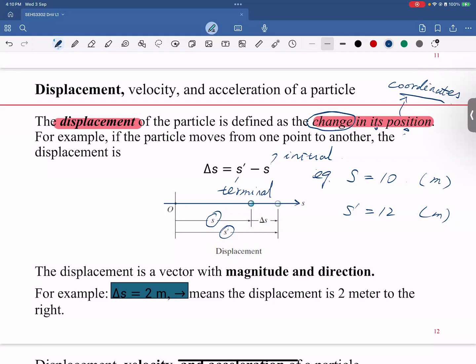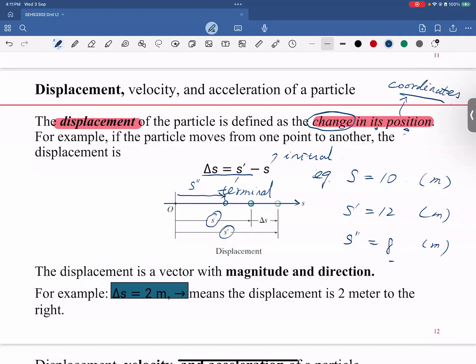If we have another position after S prime, maybe it is 8 meter, as here, S prime prime, and we can find sometimes the change of position is positive.